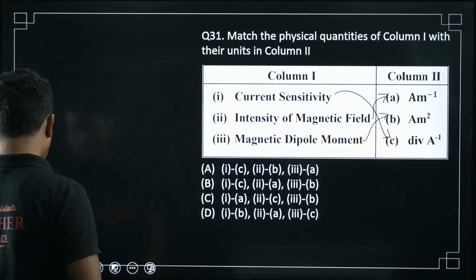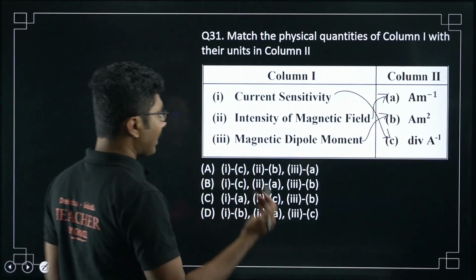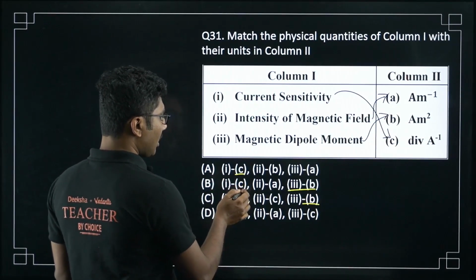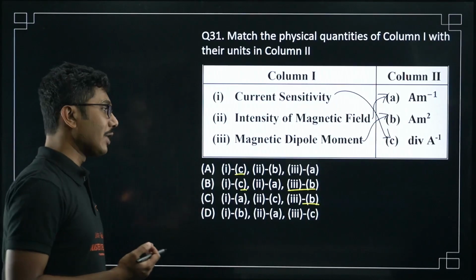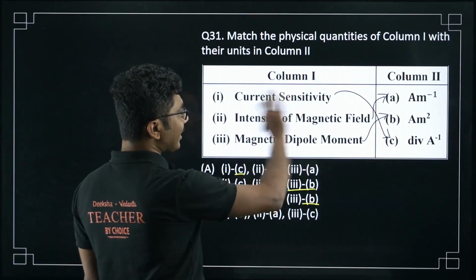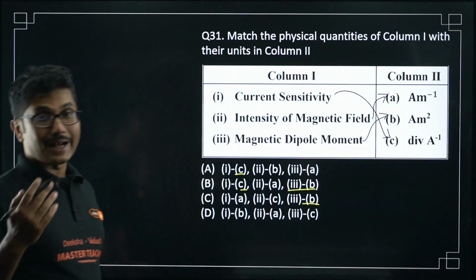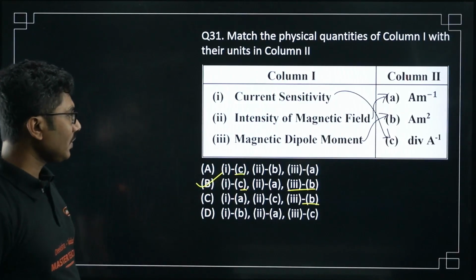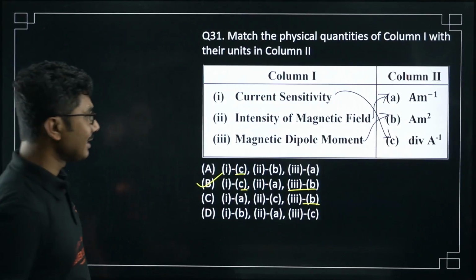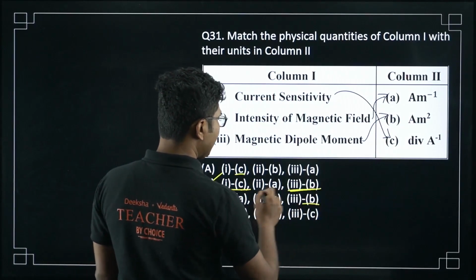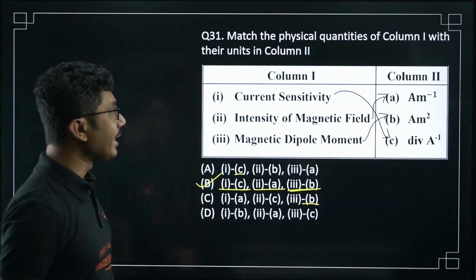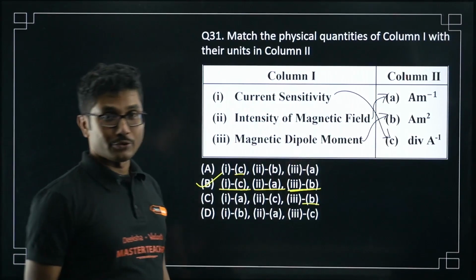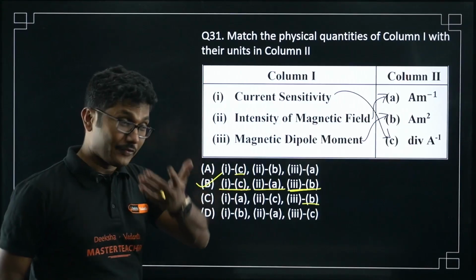As you see, knowing only one match is not sufficient, because 3B is given twice, 1C is given twice as well. But even if you are not able to do that, at least try to find two of the correct answers, then the third one will obviously come. So option B is the correct answer, because it matches 1C, 2A, 3B, and 2A is obviously a correct match, because even if you don't know that, the third match will obviously come.